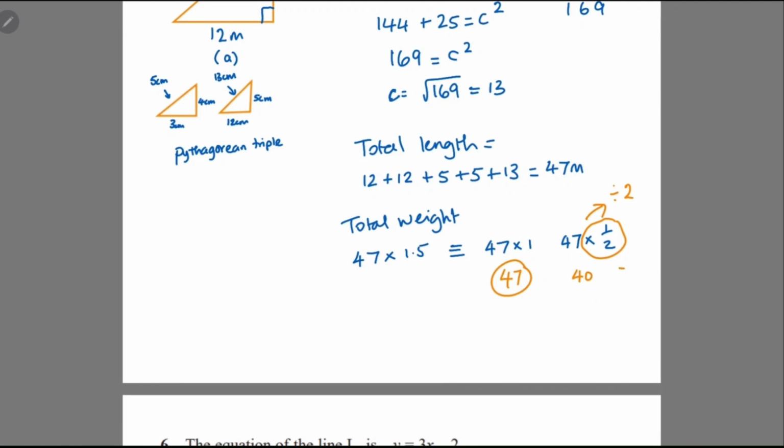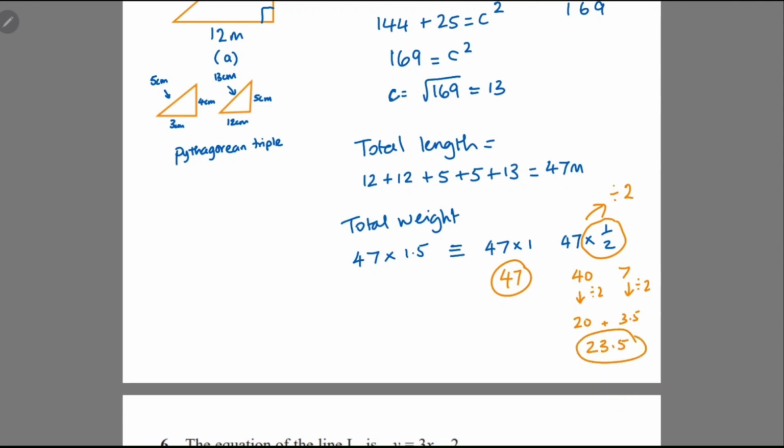So I've got 40 and I've got 7. Now half of 40 is 20, and half of 7 is 3.5. If you're not sure about that, what's half of 7 pounds? £3.50. So that means half of 47, if we add these two together, is 23.5.